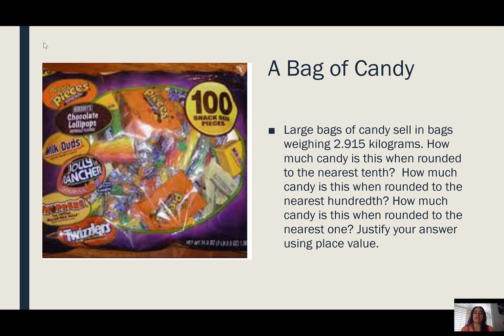How much candy is this when rounded to the nearest tenth? How much candy is this when rounded to the nearest hundredth? How much candy is this when rounded to the nearest 1? Justify or explain or defend your answer using place value.